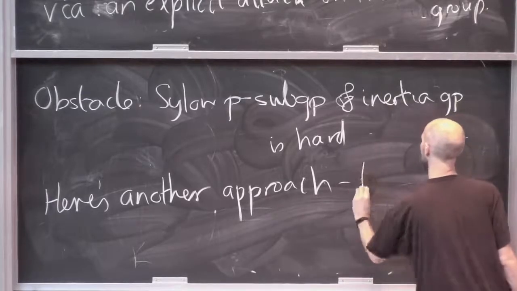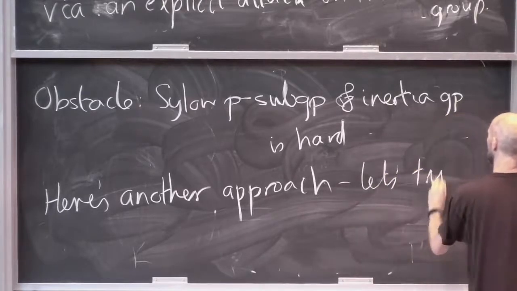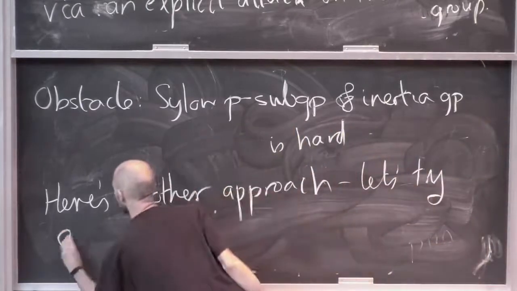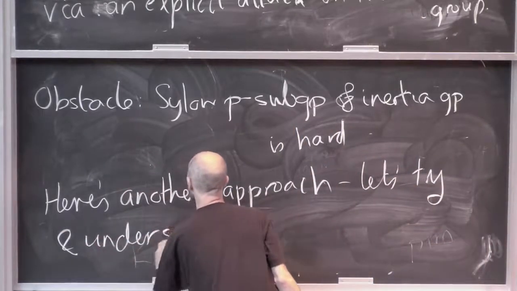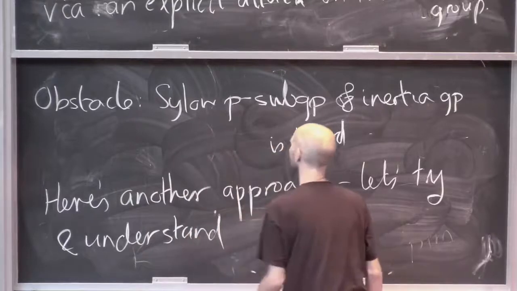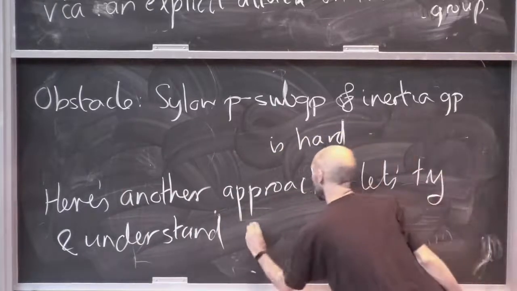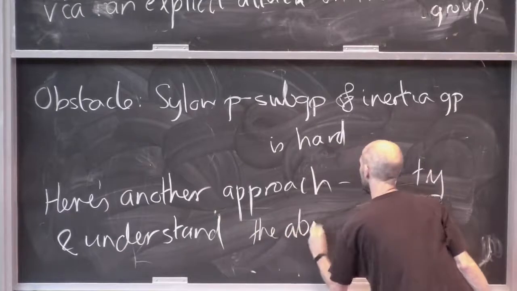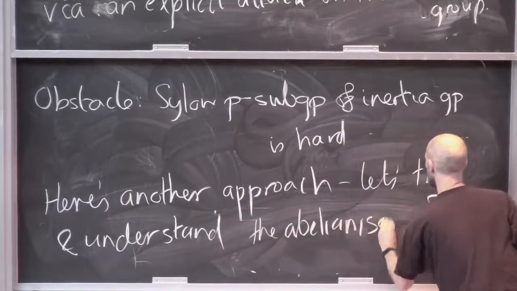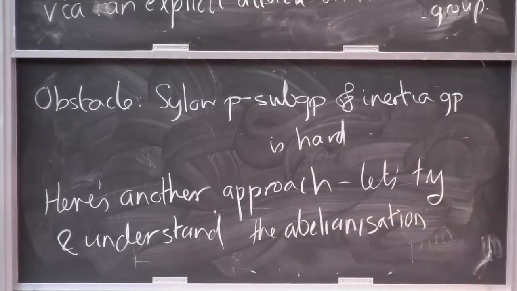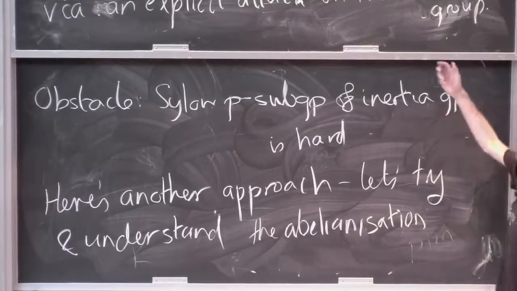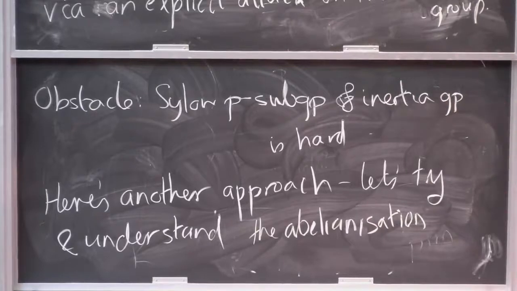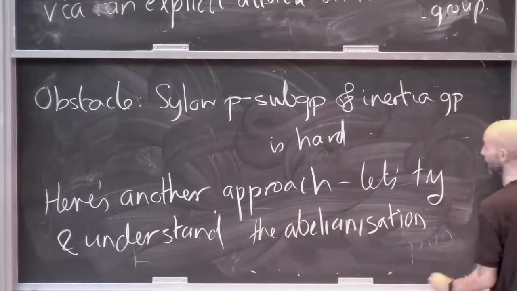So this is different, right? Somehow, we've got the inertia group and wild inertia group. These are random subgroups, but now we're doing something else. Now we're just quotienting out by the commutator subgroup. The abelianization of this Galois group.